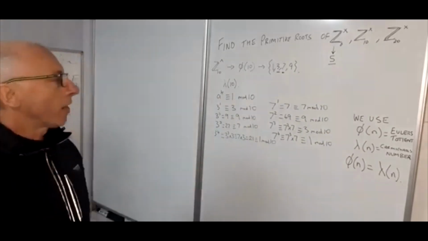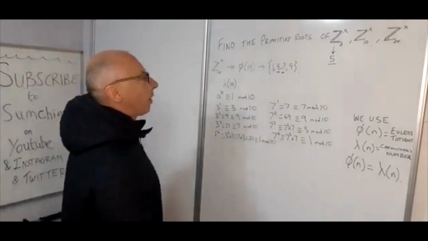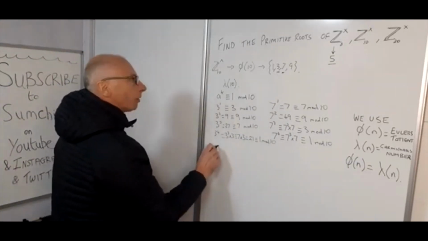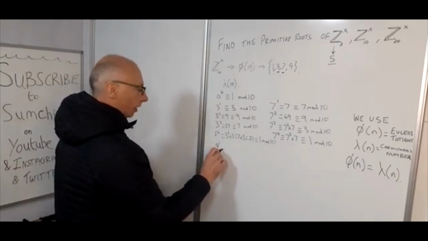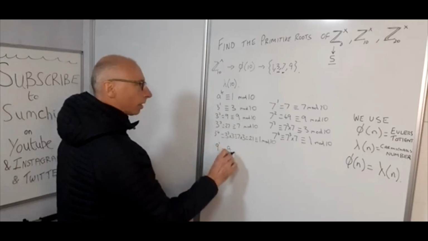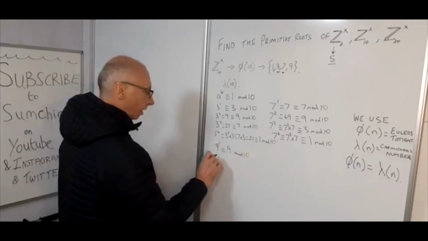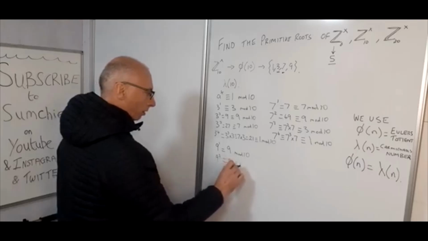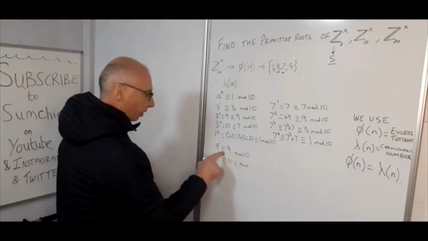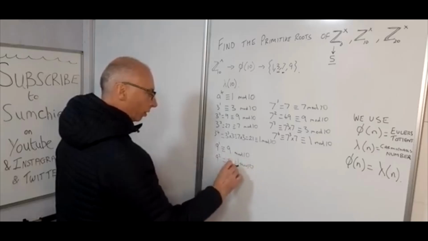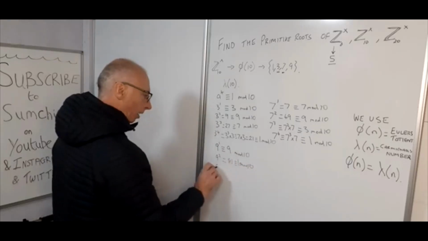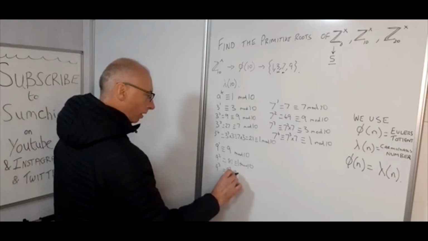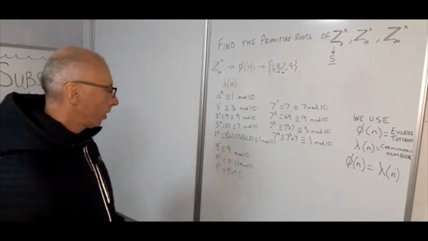Okay, now we just need to check the last one, the number 9. So 9 to the power of 1 equals 9 mod 10. 9 squared equals 81, which is congruent to 1 mod 10, and then 9 cubed, which equals 9 squared times 9, which is congruent to 9 mod 10.